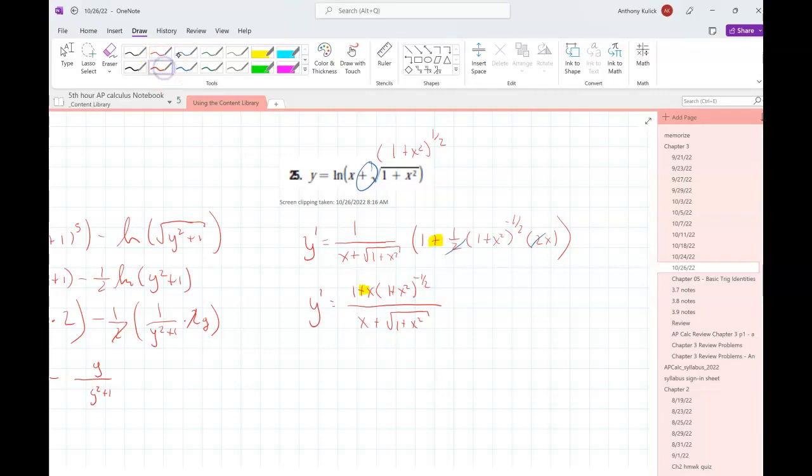So what it would become is this piece up here, I could write as... but now I have a complex fraction when I multiply that in over 1 to this piece. You see the problem?